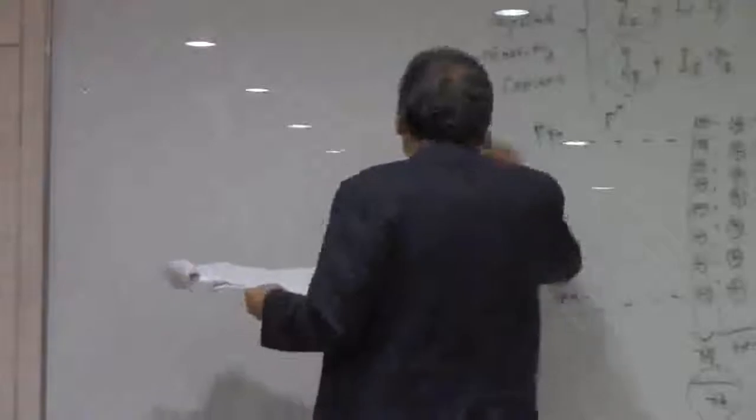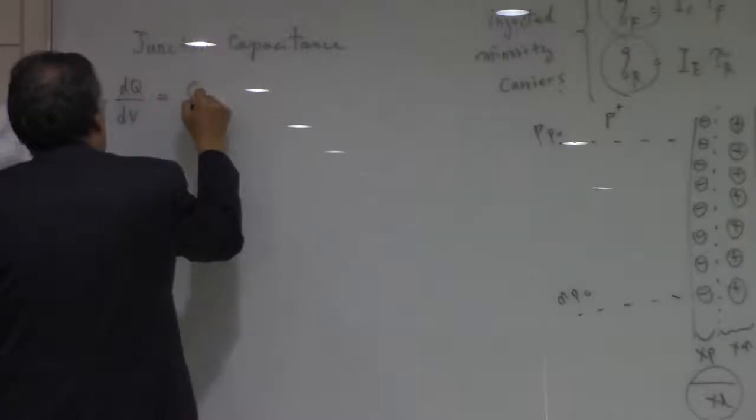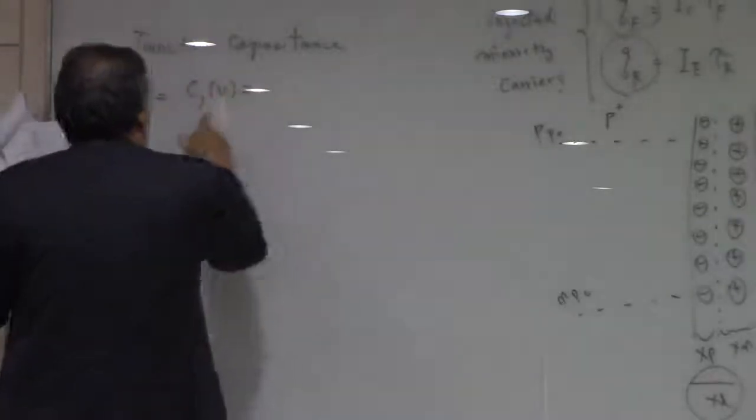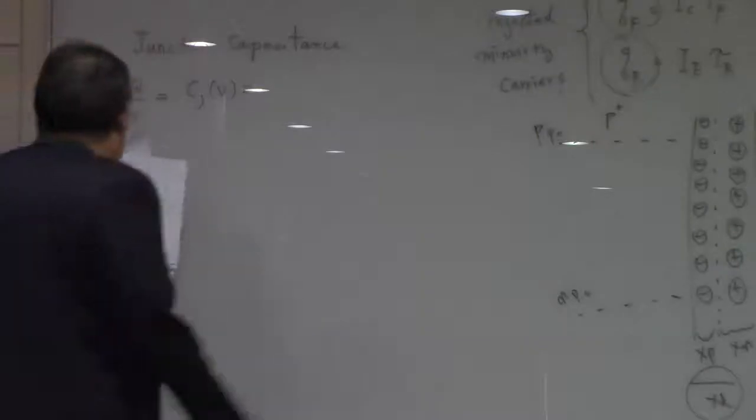Then it's not that difficult to get the equations related to that. So now the junction capacitance, dQ over dV, is going to be CJ of V. We call it the junction capacitance, which is variable with the applied voltages.